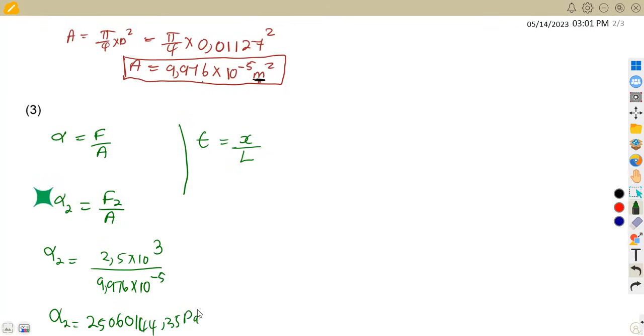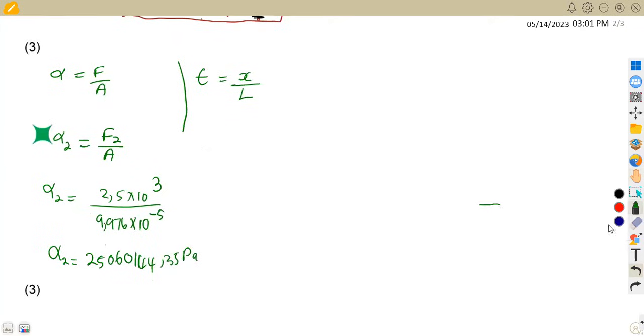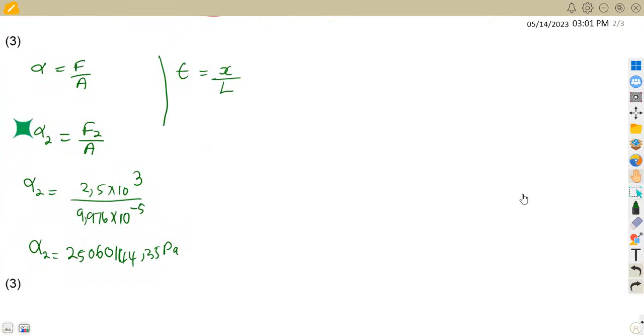0.35 pascals, like that. So in order for you to convert, take note, guys, this is megapascal that you want to convert to, whereby megapascals means times 10 to the exponent of 6. So for you to convert to megapascal, which is 10 to the exponent of +6, you multiply by the inverse, which is 10 to the exponent of -6.